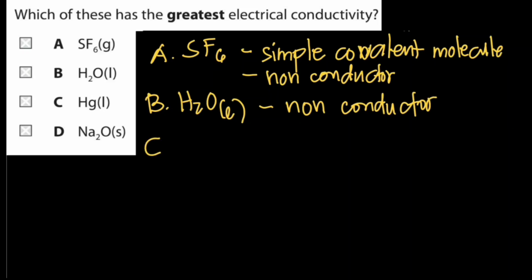And then for letter C, we have mercury. Mercury is a metal and it is in its liquid state.